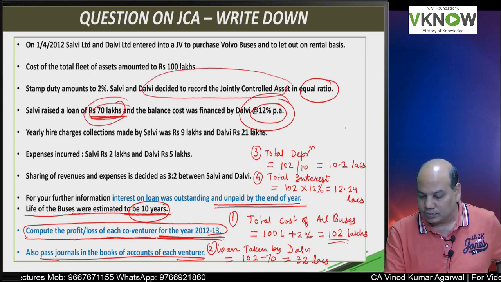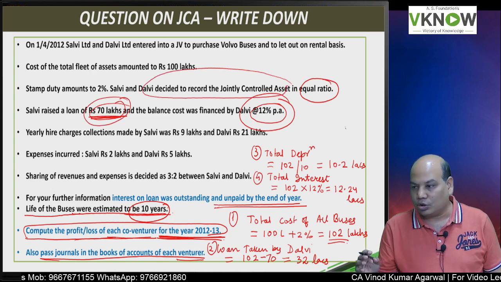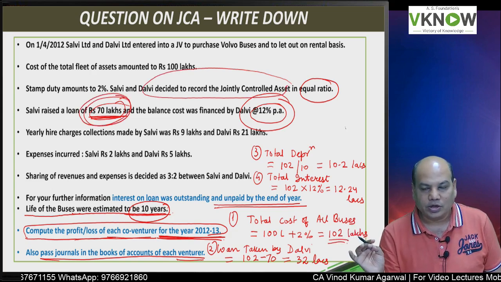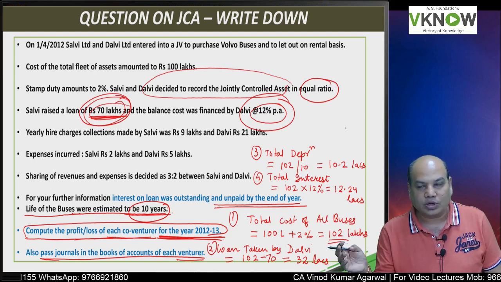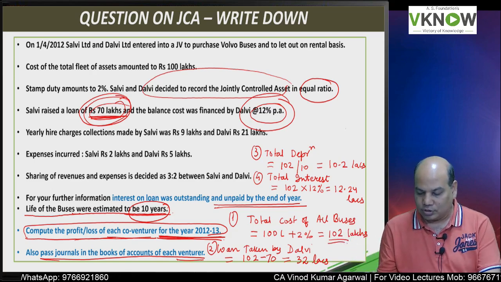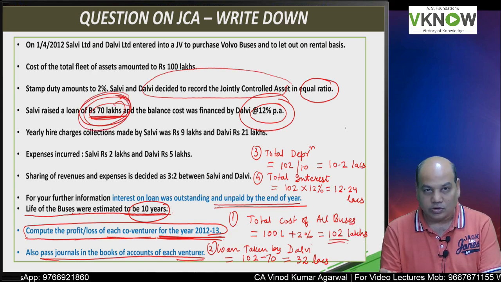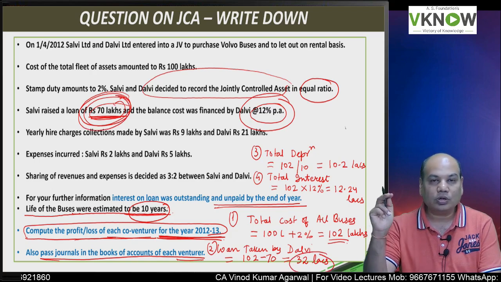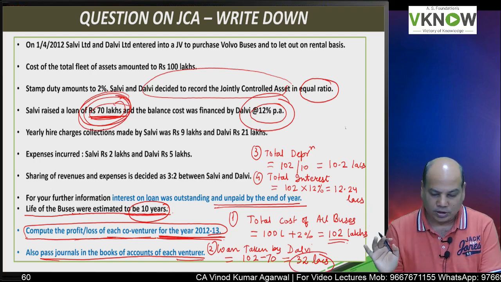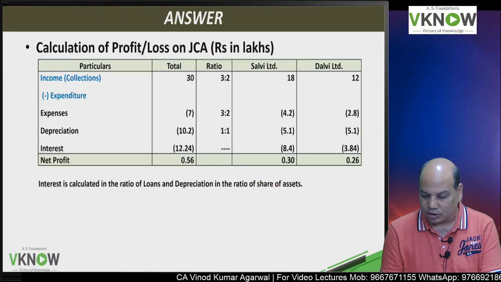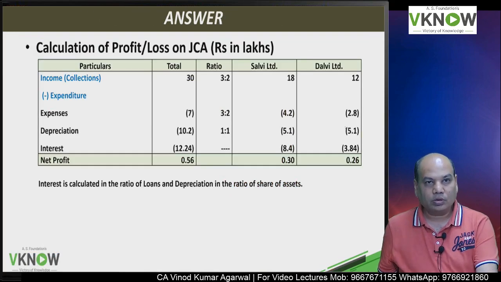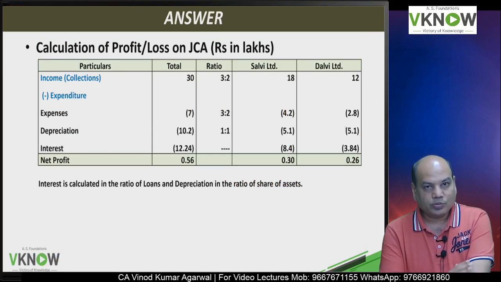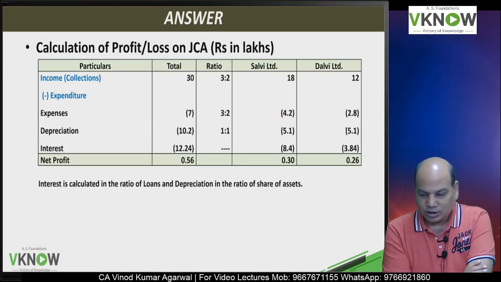Interest on loan they will record on whatever loan they have individually taken. So Salvi will record interest on 70 lakh at 12%. Dalvi will record interest on 32 lakh at 12%, assuming each of them has taken the loan on their individual basis. So they are responsible for paying the interest themselves.